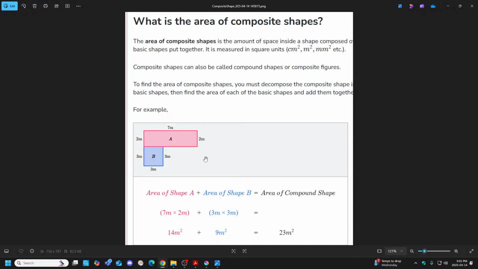Why can't I read that word? Constituent shapes. Oh my goodness, that's terrible. Okay, let's go to the dictionary here. It's definitely not a word I use much, or at all. What's the definition of that? Constituent. Oh my God, I brutalized that. And I actually say that I speak English?